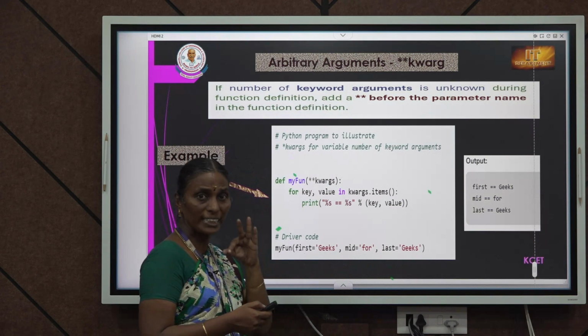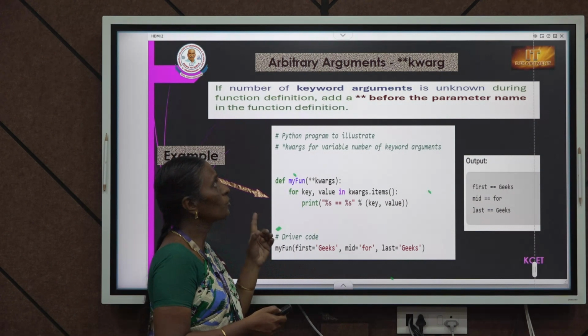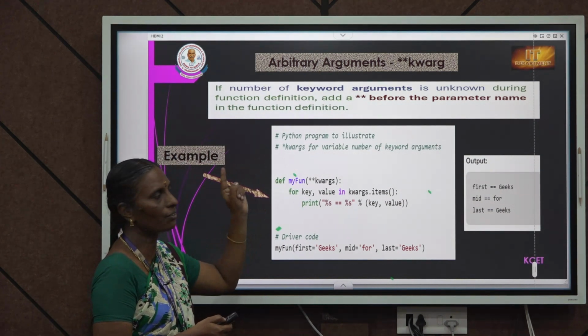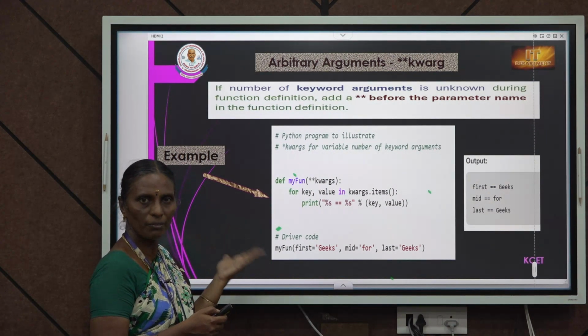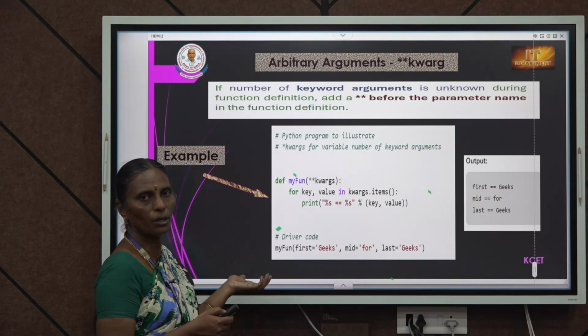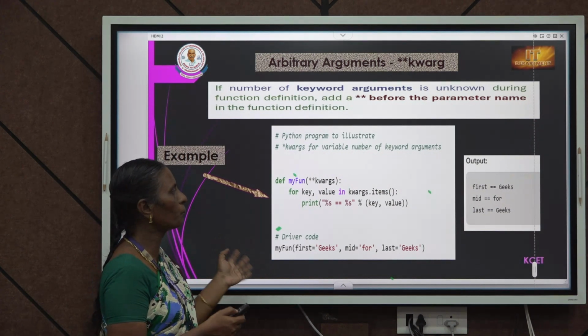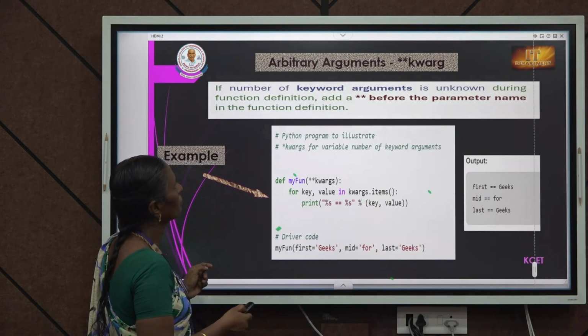So, we are passing 3 arguments, each with key and value pair. This type of argument is called kwargs, that is keyword argument, and here again the number of arguments can vary; a single or multiple arguments can be used, and it can be an unknown value too. So, here we have the example output for this program.